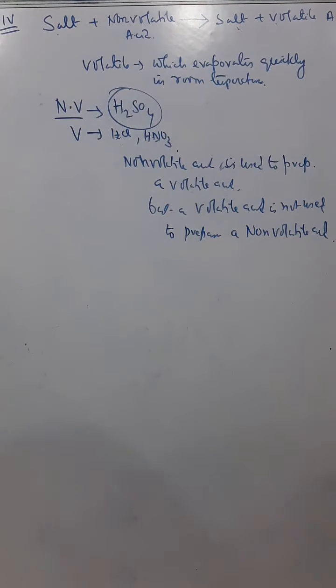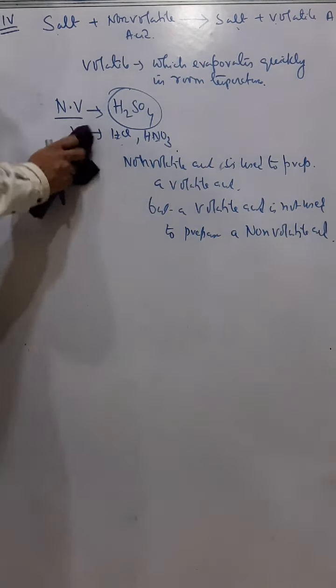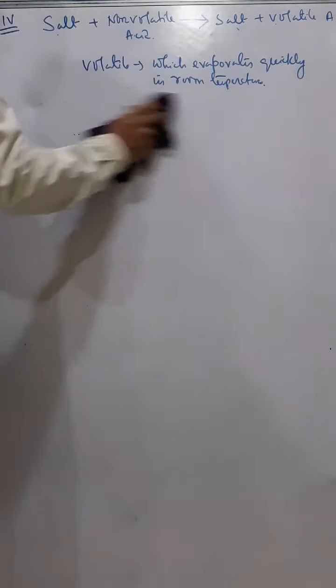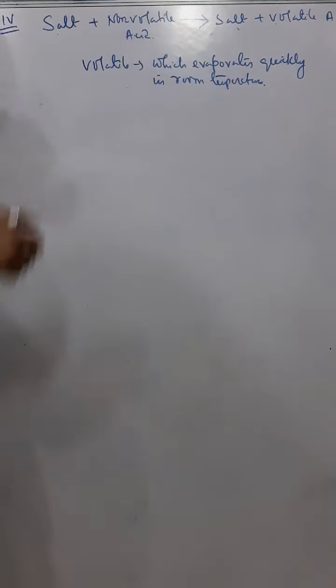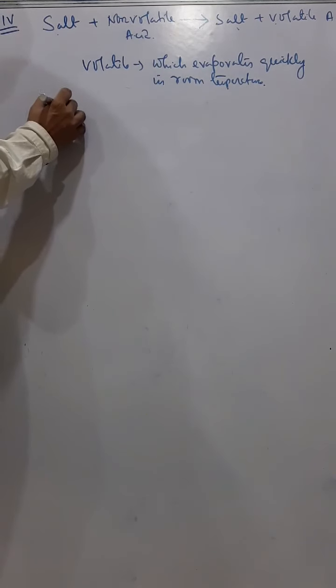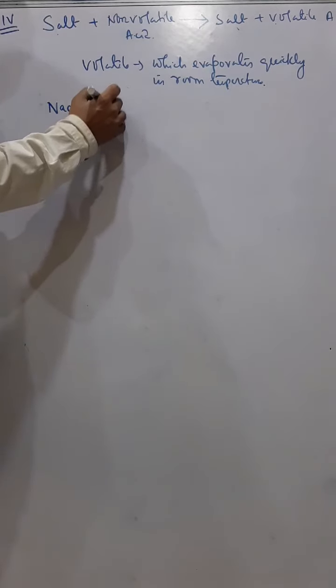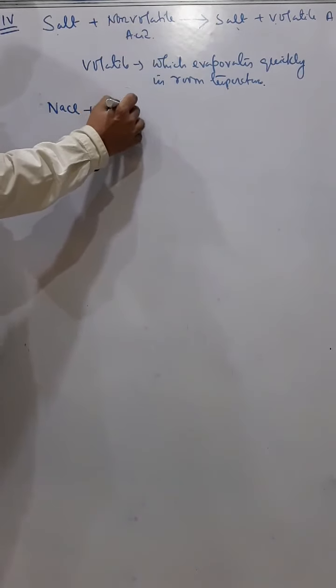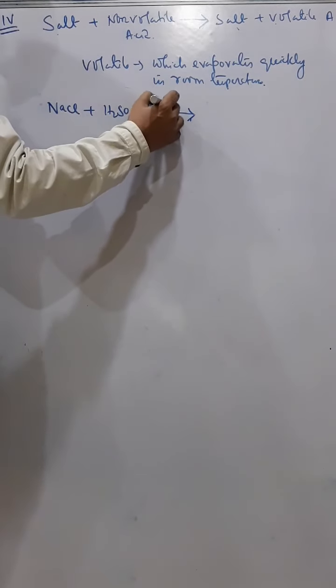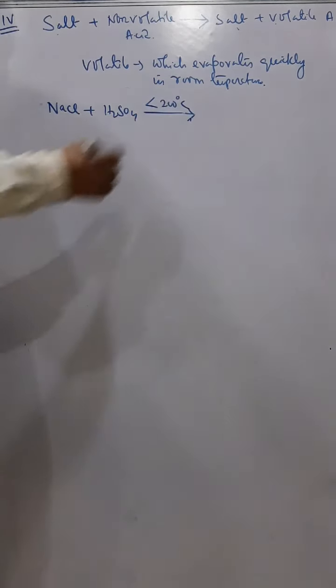But first of all, let's see how it is prepared. So a salt, generally we take a salt of sodium or potassium. Now say if I take NaCl and sulfuric acid and we have to heat it. The temperature should be less than 200 degrees Celsius.